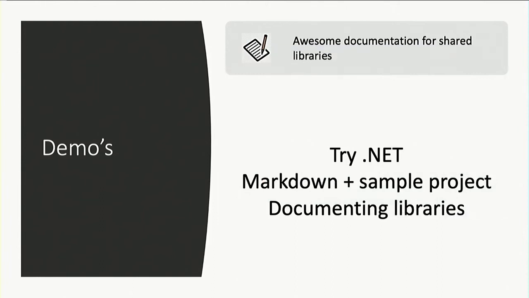So then, one of the things I wanted to show you is a new tool that's available. It's called try.net. What it basically does is it allows you to write markdown files, which are like documentation. And you can combine that with a sample project for your library or thing you're going to build. You write the markdown, and then it gives you an interactive experience with the code blocks in your markdown.